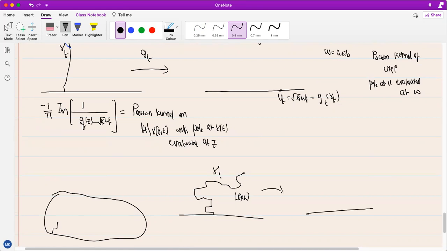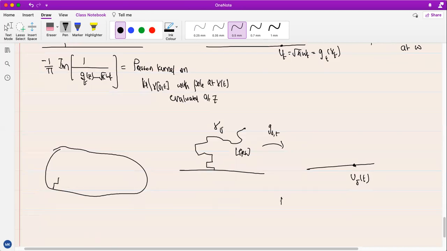So this is gamma delta, and then there is a u delta of t by the Loewner mappings. So g delta t is mapping this and so on. What the key point is to show is that u delta converges to square root 2 times Brownian motion.